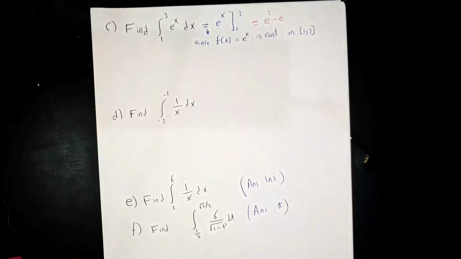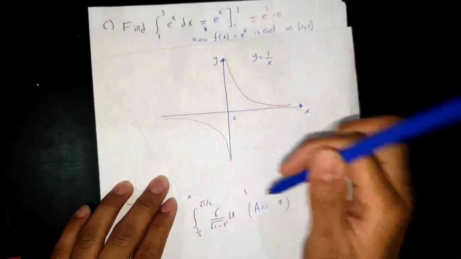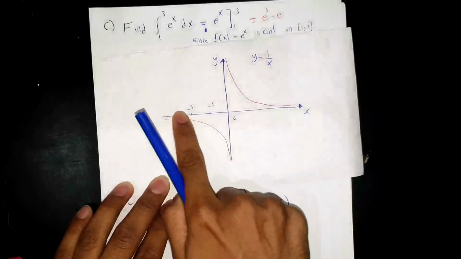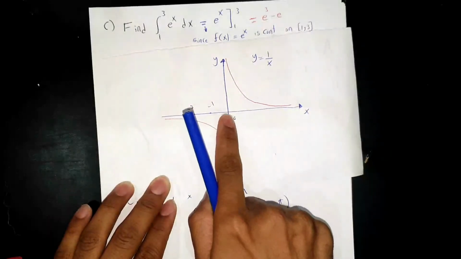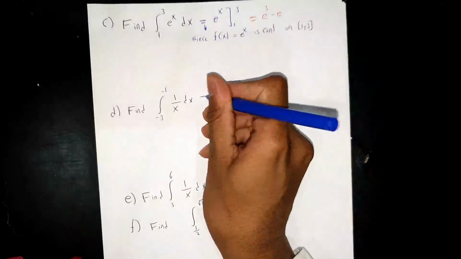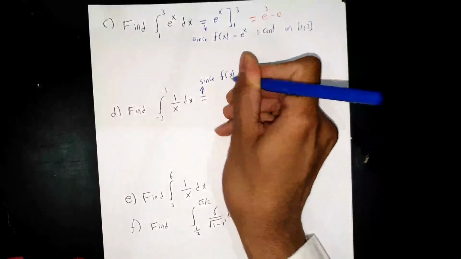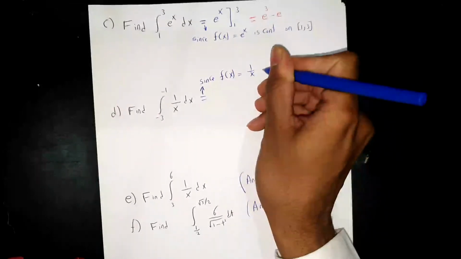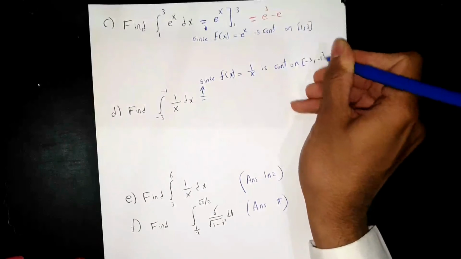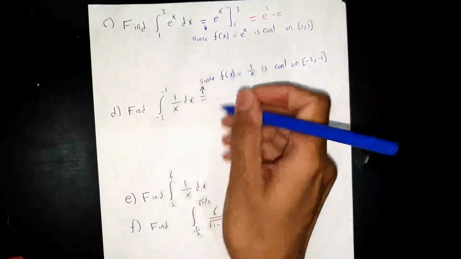If you didn't see this clearly, let us see the graph here. Clearly, this is our interval minus 3 to minus 1, and the function is continuous there. See here, the 0 is outside our interval. So I will write, since f of x equals 1 over x is continuous on minus 3 to minus 1, what is the antiderivative of 1 over x?